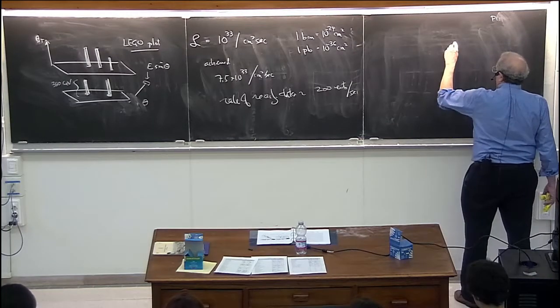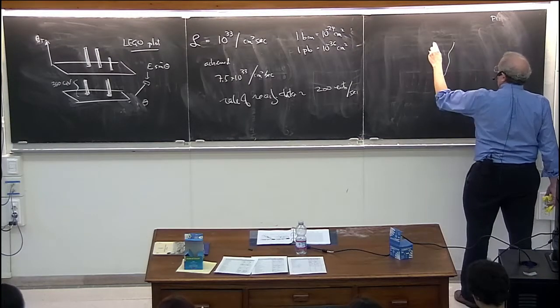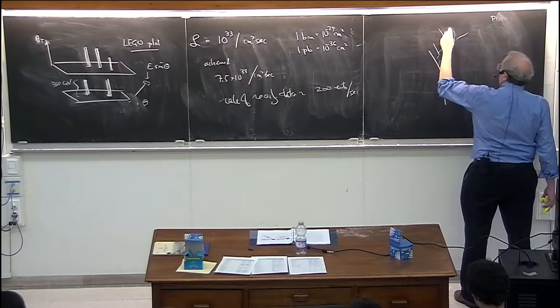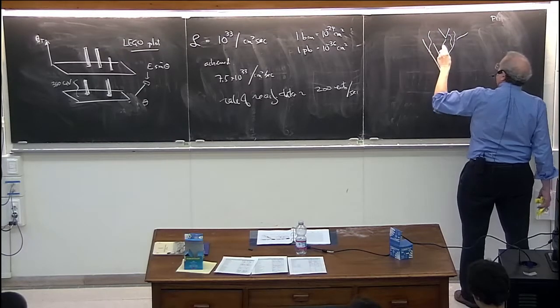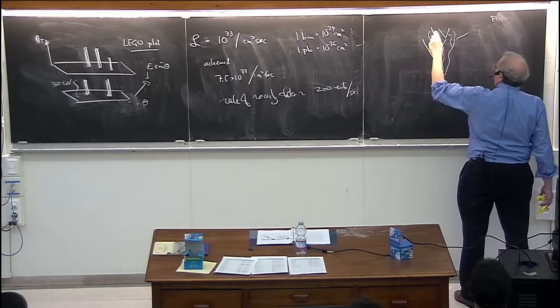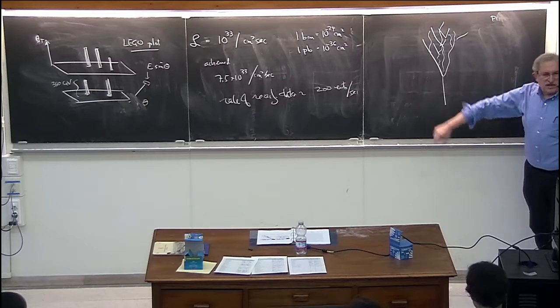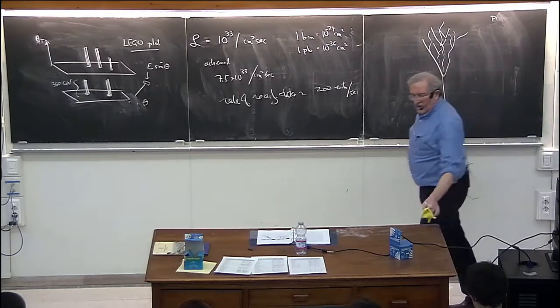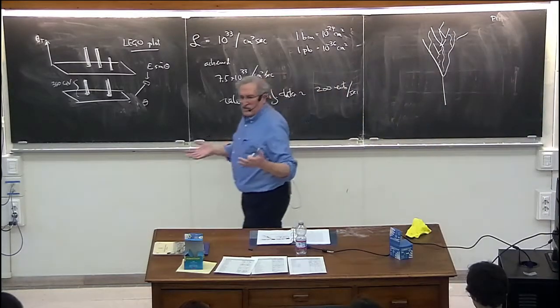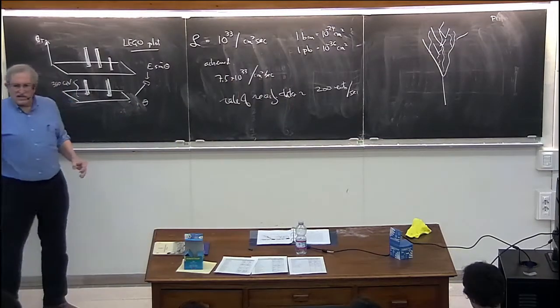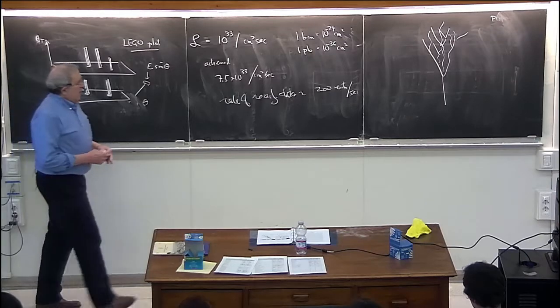You start with a quark, it radiates a gluon, those gluons radiate other gluons, sometimes also quarks, and eventually what you get is a shower of approximately collinearly moving partons that at a late stage will organize themselves into hadrons, and then those hadrons are what are actually seen in detectors.